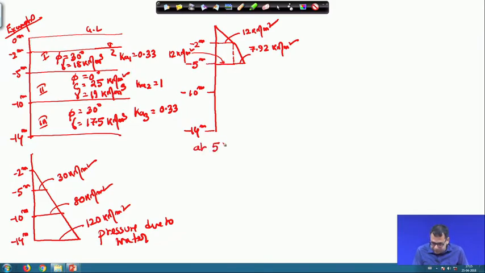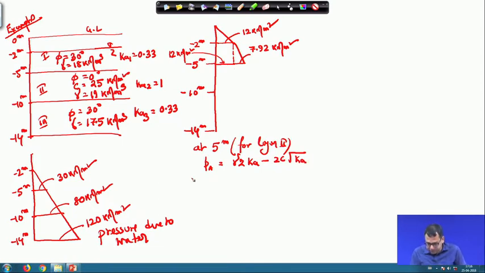Okay. So, now for 5 meter depth, this is for layer 2. Layer 2 is the clay soil, and the Pa expression for that kind of soil is gamma z Ka minus 2c root Ka.